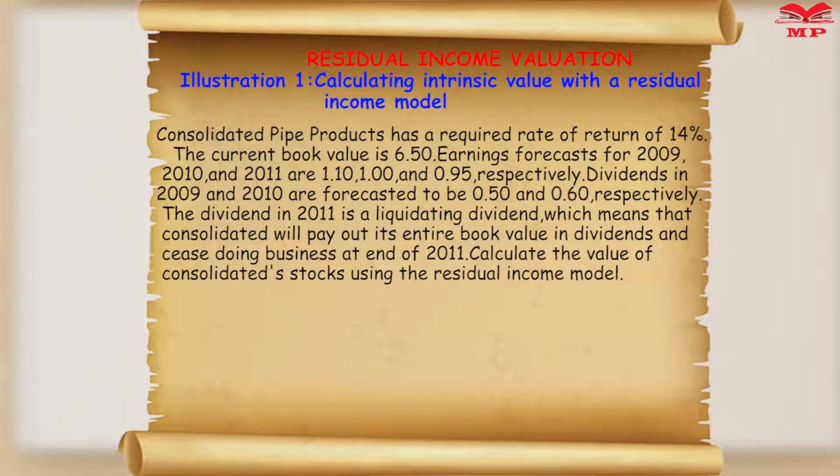Dividends in 2009 and 2010 are forecasted to be 0.5 and 0.6 respectively. The dividend in 2011 is a liquidating dividend, which means that Consolidated will pay out its entire book value in dividends and cease doing business at the end of 2011. Calculate the value of Consolidated's stock using the residual income model.